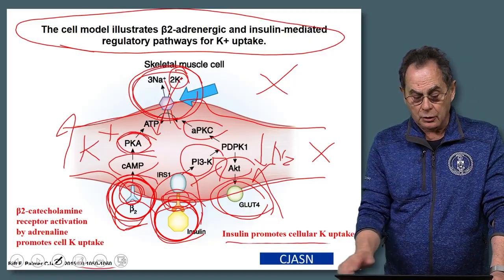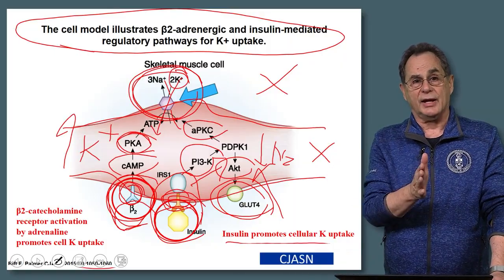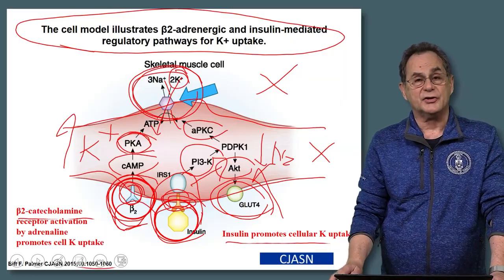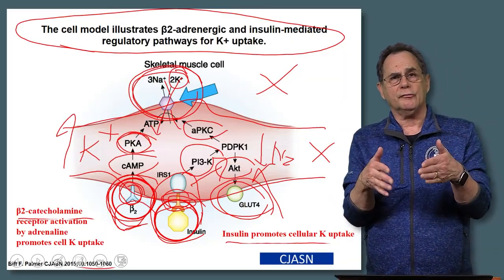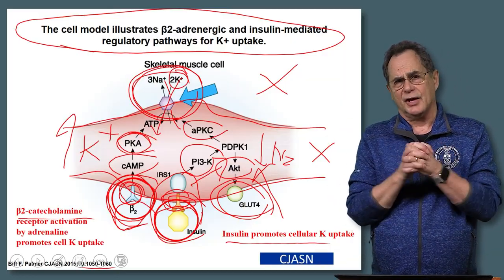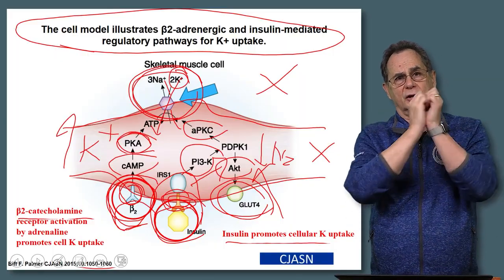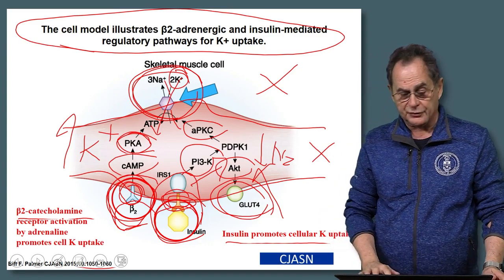So insulin promotes potassium uptake, and beta-2 catecholamines promote potassium uptake. They both converge on the activity of sodium potassium ATPase, which serves to push potassium into cells and extrude sodium from those cells.